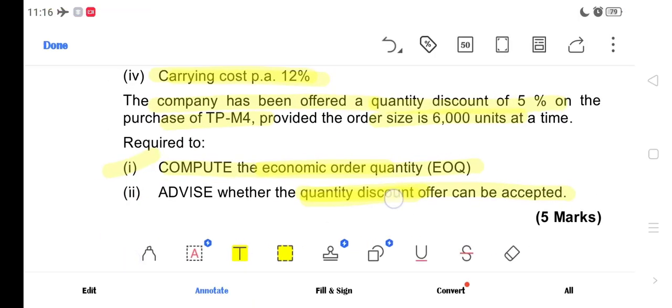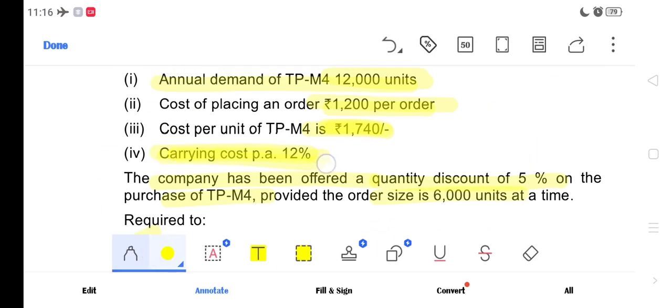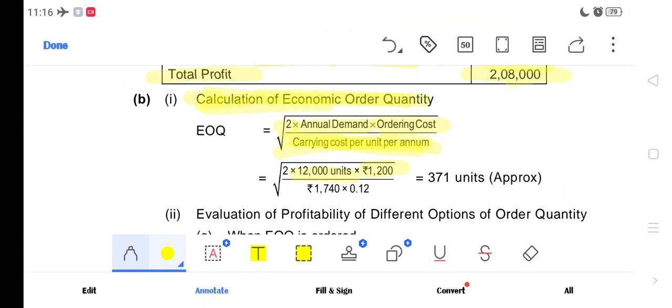So here they have given what? Carrying cost per annum only. It is 12% they have given. So 12% on what? Cost per unit. Per unit per annum only, no. So what is per unit? It is 1,740. Upon this you apply 12%. You get per unit per annum, right?